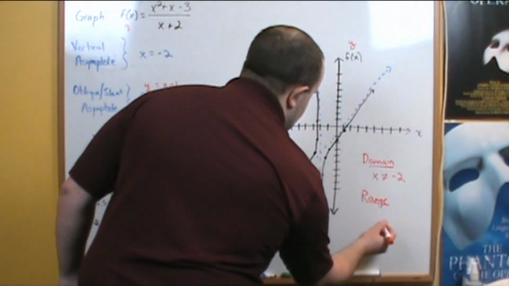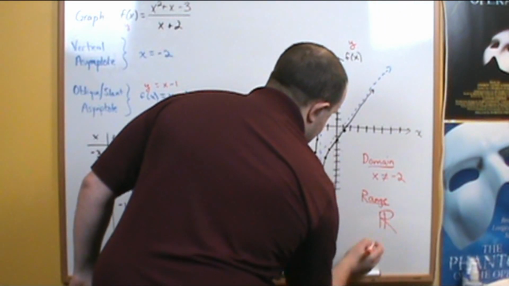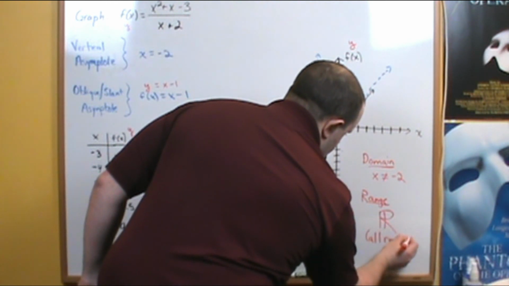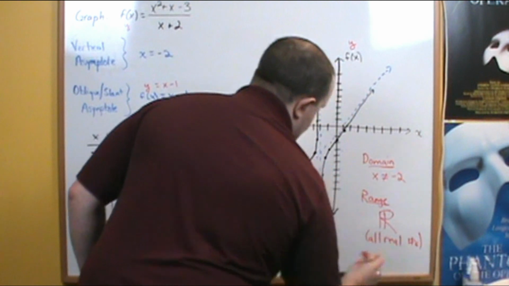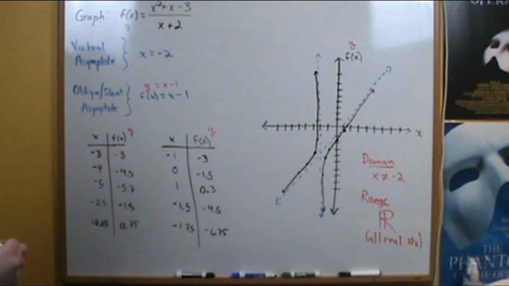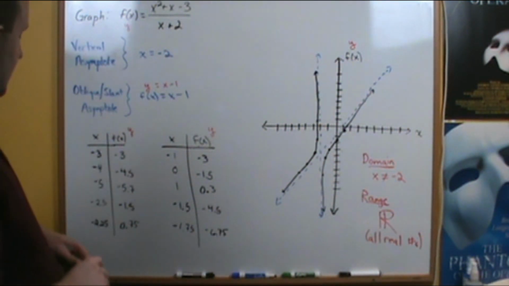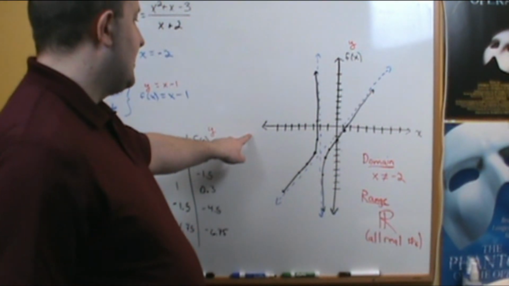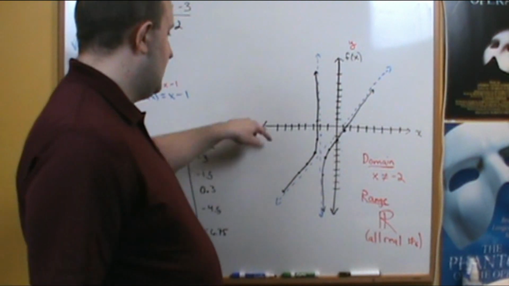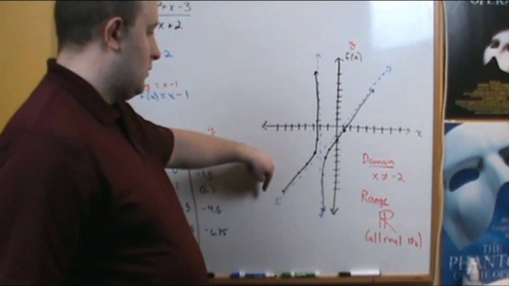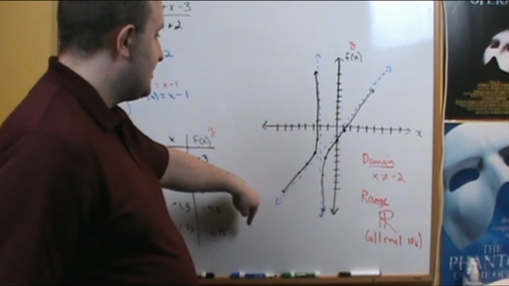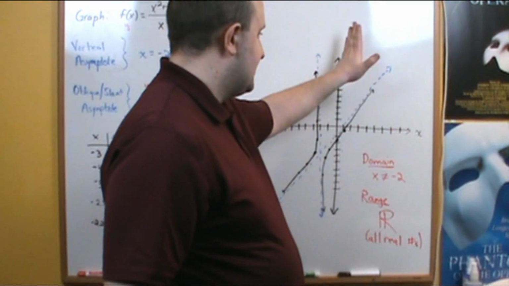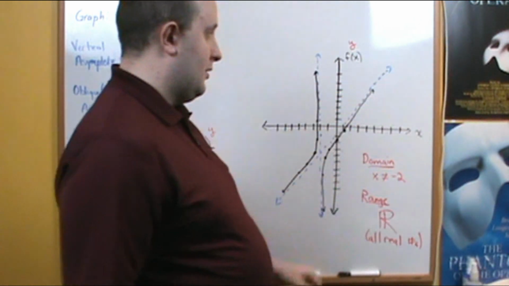So our range here is all real numbers. We can certainly discuss the end behavior of this graph. As x goes to negative infinity, or gets infinitely smaller, f of x, or the value of y, gets infinitely smaller. And as x gets infinitely bigger, the value of f of x gets infinitely bigger as well.